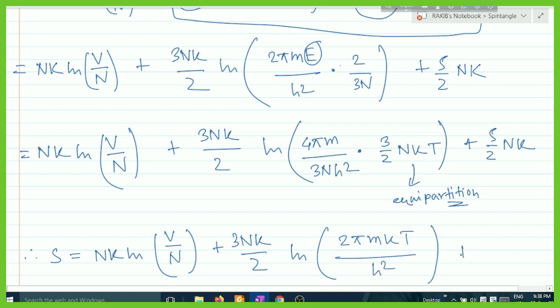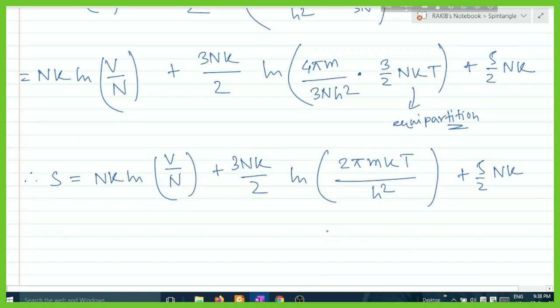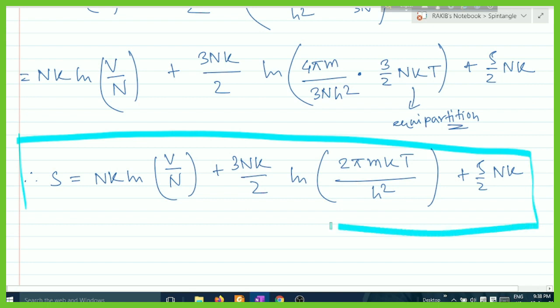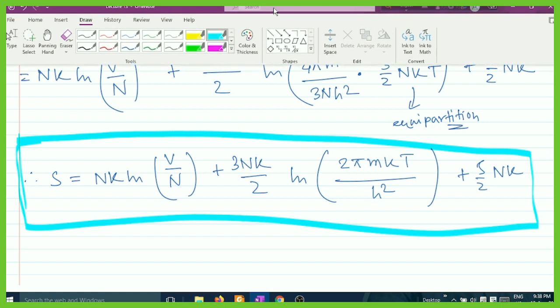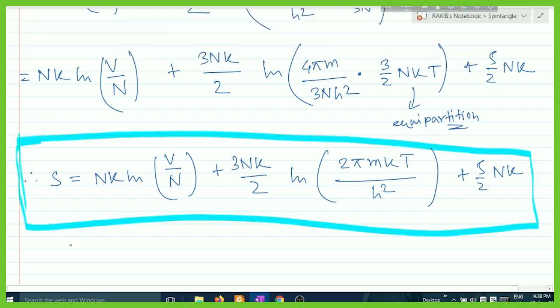I think I am correct. If I have written any wrong terminology, you can comment in the comment box. Okay, this is the ultimate Sackur-Tetrode equation. By using this, we can easily remove the Gibbs paradox.